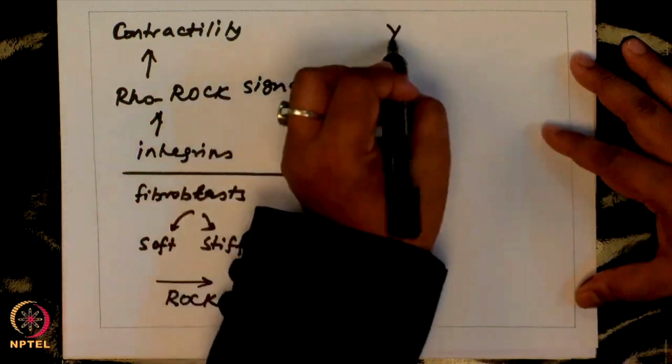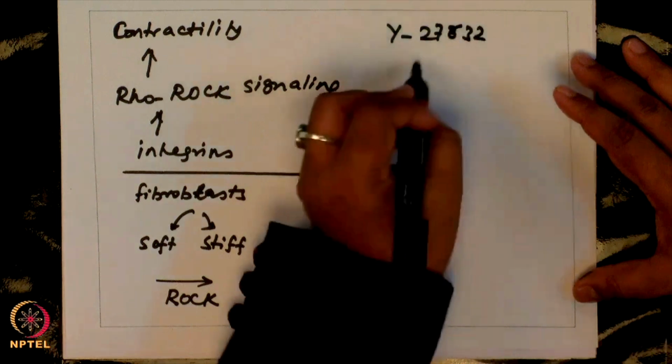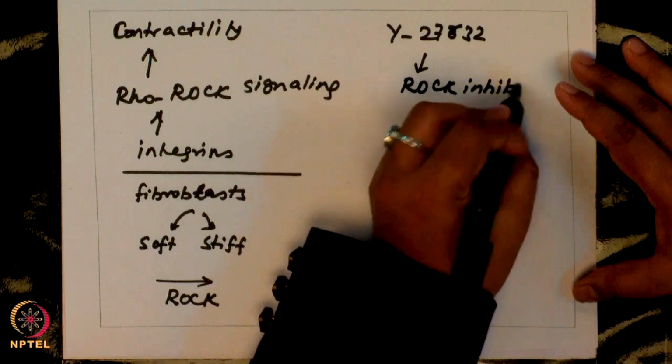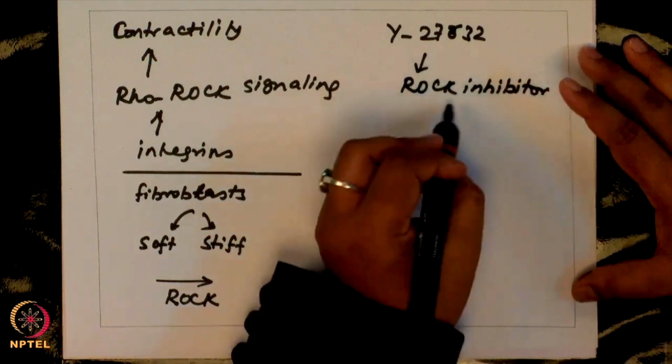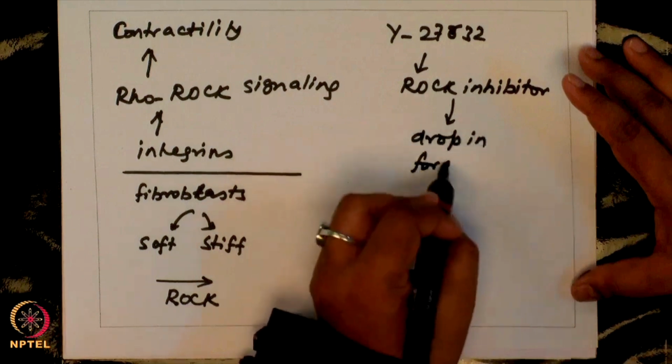If the cells were treated with Y27632, which is a Rock inhibitor, this led to a drop in forces exerted by cells.